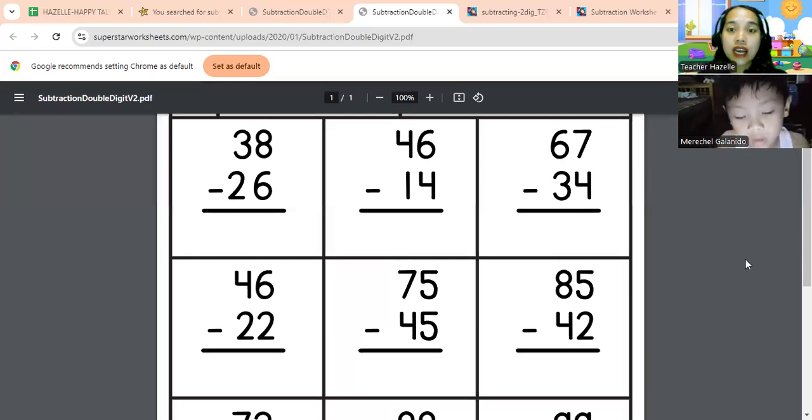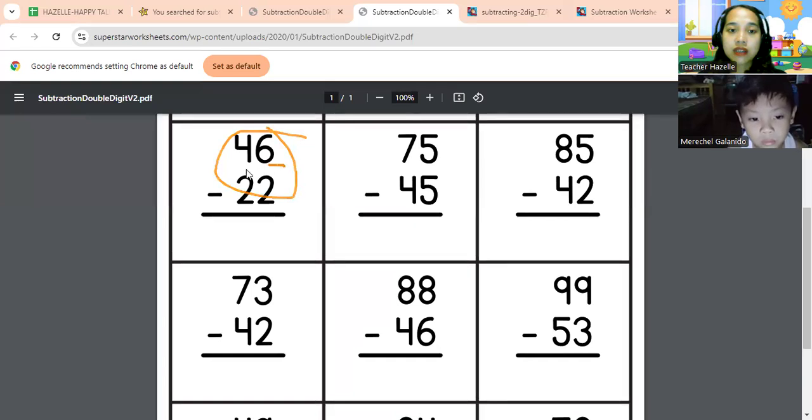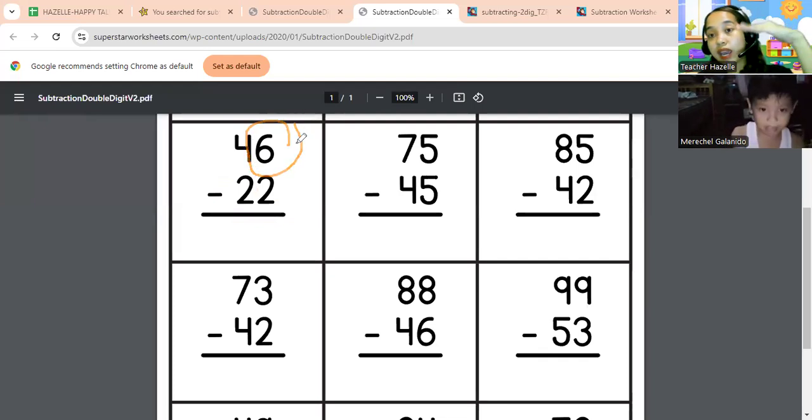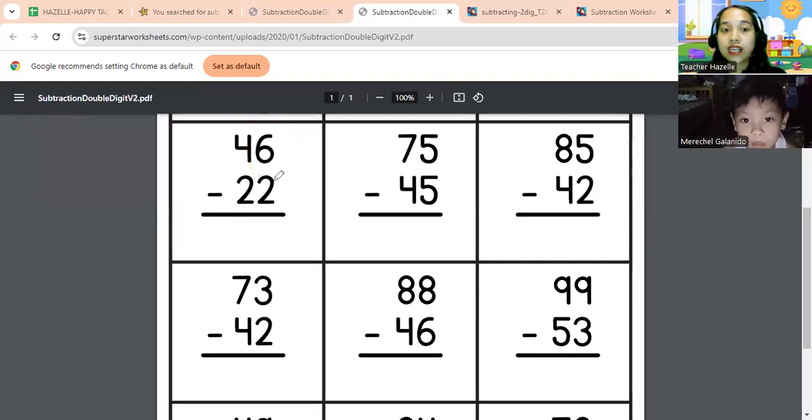Okay, so again, we have here 46 minus 22. We're going to start first with 6 minus 2. How many is that? So you have 6, you're going to take away 2.